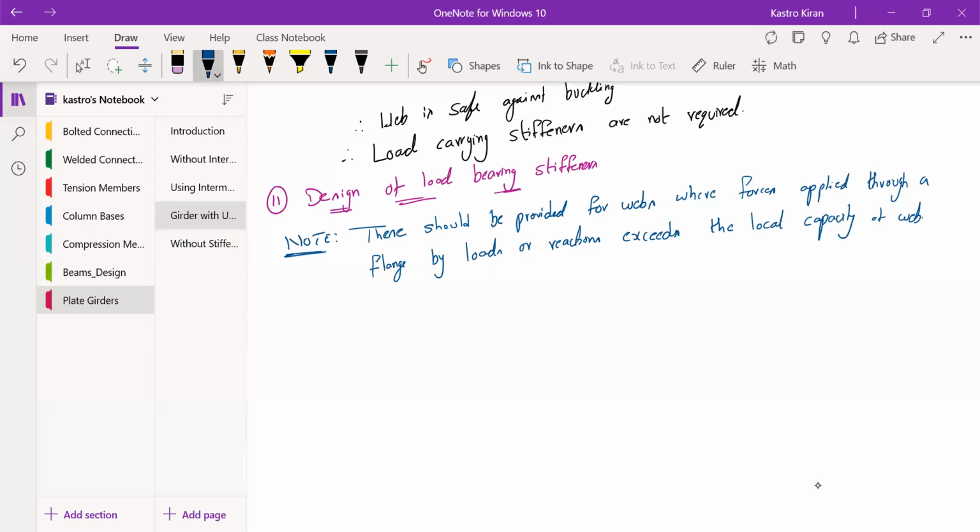So you have to find out whether the forces are exceeding the local capacity of the web or not.